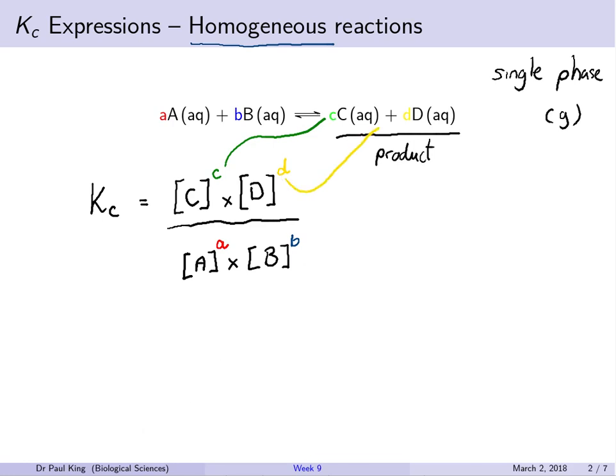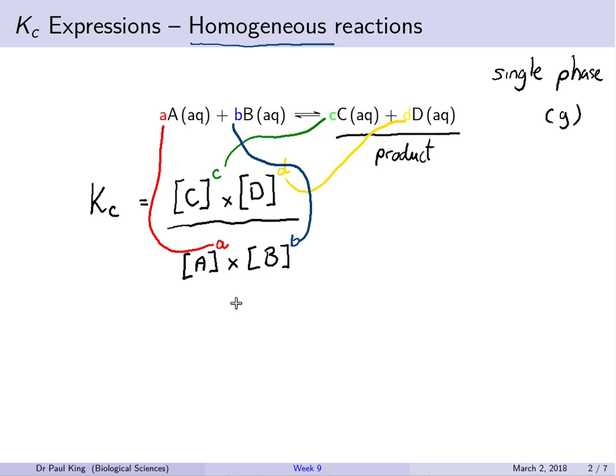Okay, those values c and d for the products and a and b for the reactants. Okay, so that's my equilibrium constant expression, and that's how I go about working out what it should be.